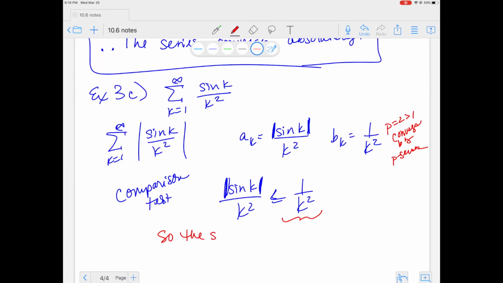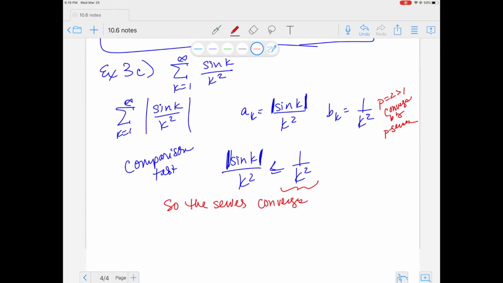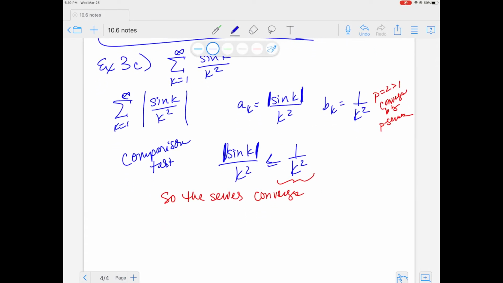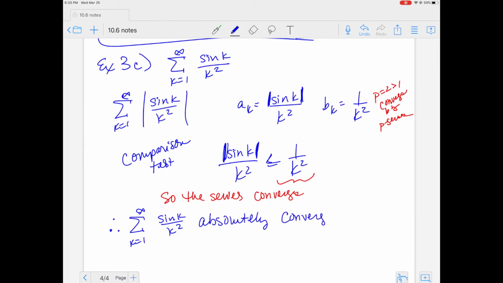So the series converges, and now I know that my actual series going from 1 to infinity of sine k over k squared absolutely converges.